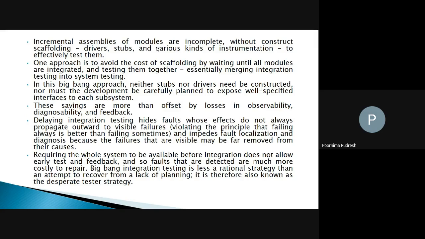One approach to avoid the cost of scaffolding is waiting until all modules are integrated and testing them together. But that may lead to undetected faults.